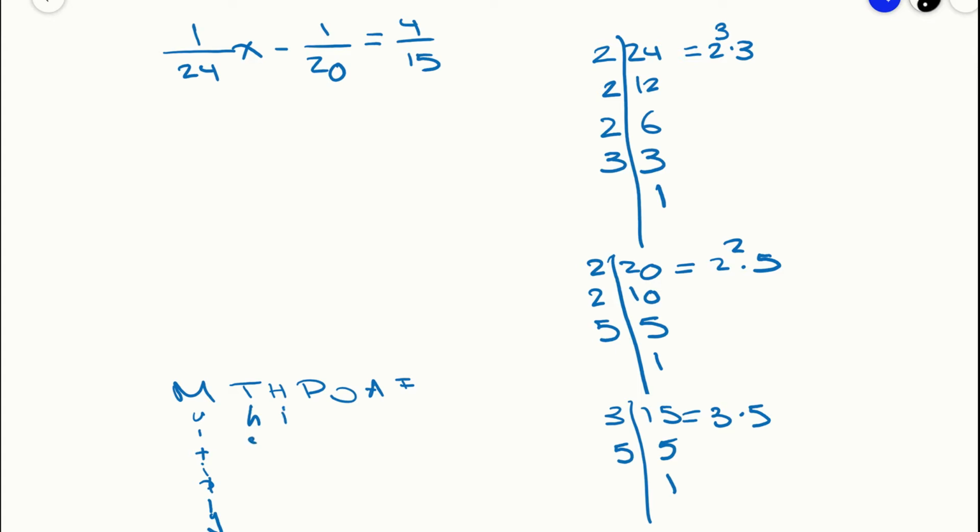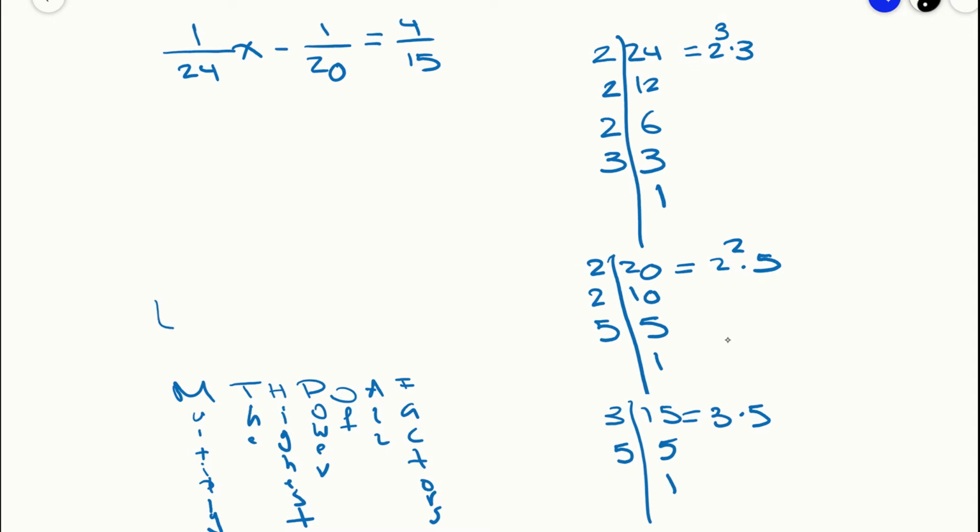Which factors? All the factors involved in these prime factorizations, okay? So the factors involved, notice we have 2, 3, and 5.